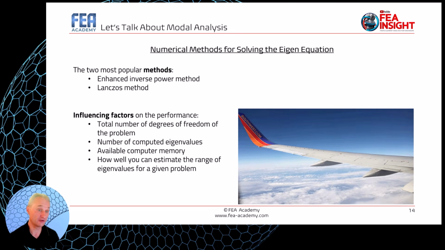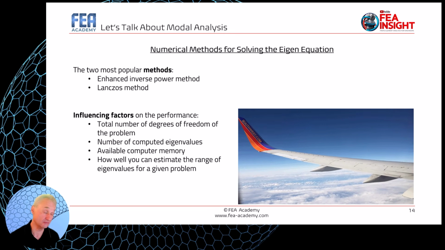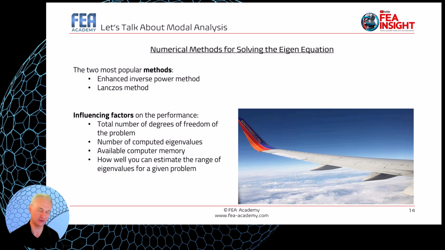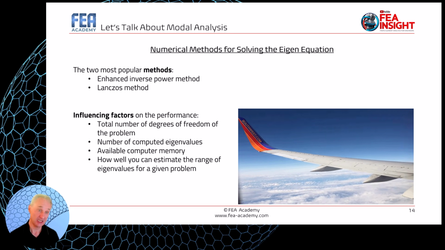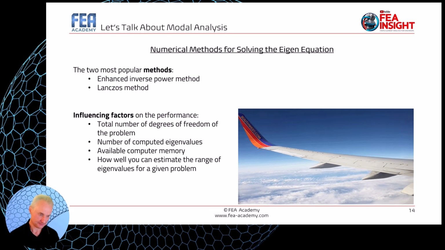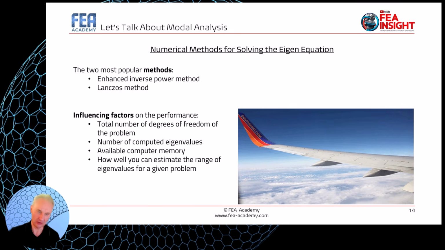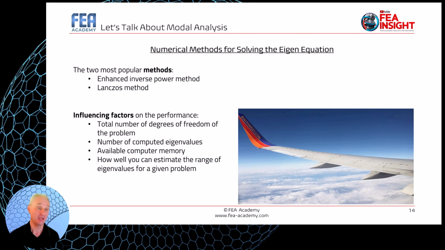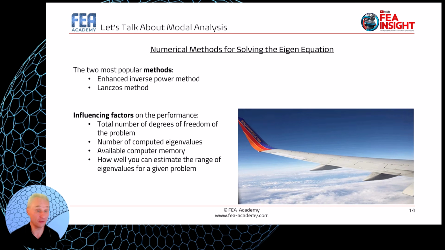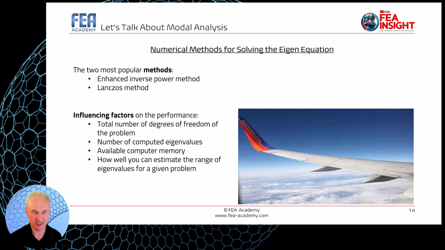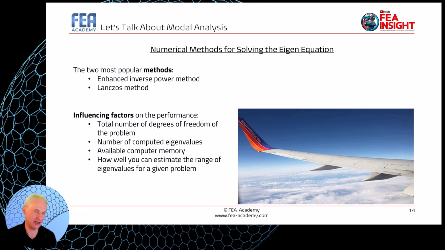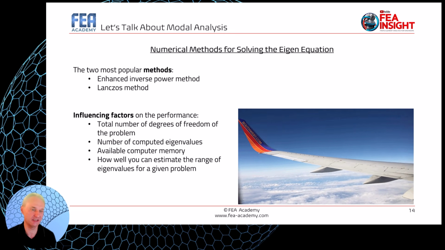Then the number of computed eigenvalues: if you want to compute only the first natural frequency or eigenvalue, it takes less time than if you want to compute the first 100 or 300 eigenvalues. It depends also on the available computer memory, obviously, but also on how well you can estimate the range of eigenvalues for a given problem.